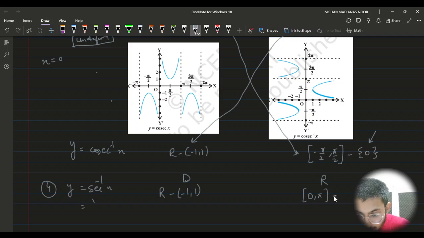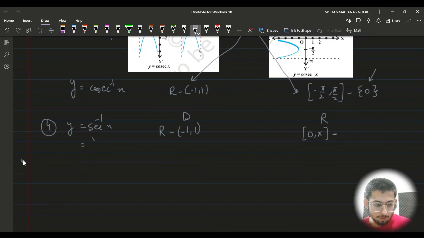Where the cos function is 0, remember. y is equal to sec x is equal to 1 by cos x. Now if x is 90 degrees or pi by 2, then cos 90 is 0, 1 by 0 is undefined, so sec x will be undefined for x equal to pi by 2.